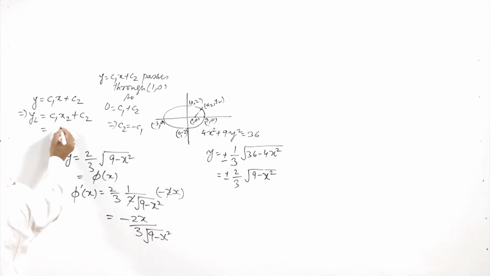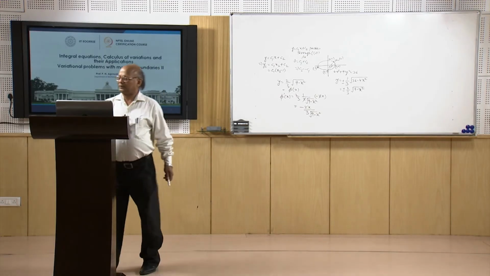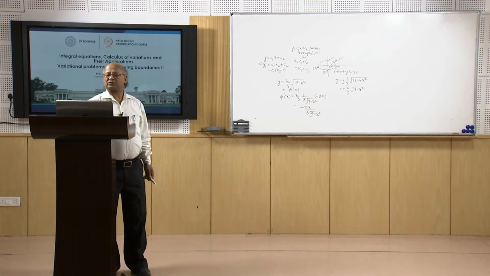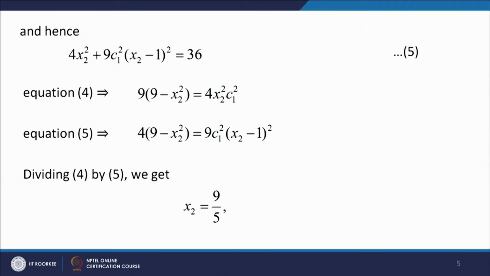So put here c2 equal to minus c1, so we get c1 times (x2 minus 1). So we get y2 equal to c1 into (x2 minus 1), and therefore 4x2 square plus 9 y2 square equal to 36 reduces to 4x2 square plus 9c1 square into (x2 minus 1) whole square equal to 36.